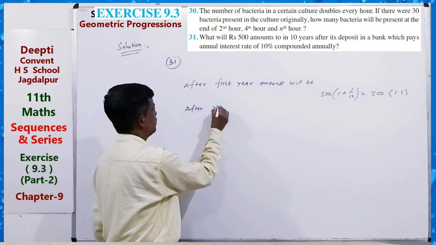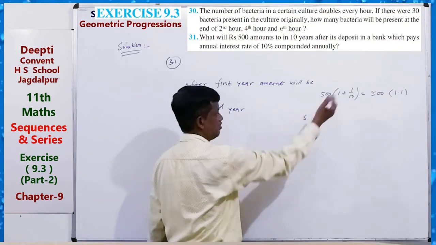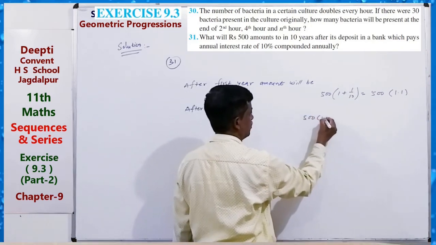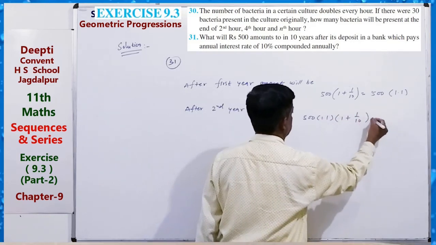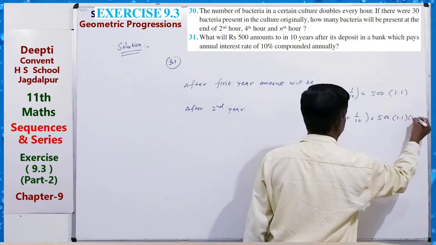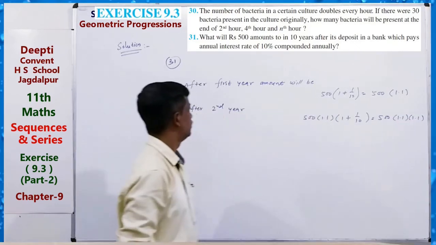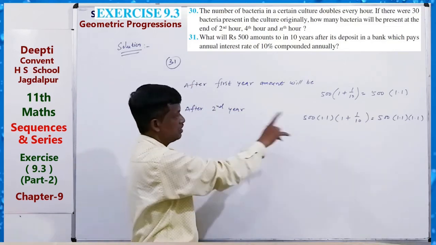After second year, 500, 1.1, again 1 plus 1 by 10. That is 500, 1.1, 1.1. The first year, 1.1 multiplied 1 time. Second year, 2 times.